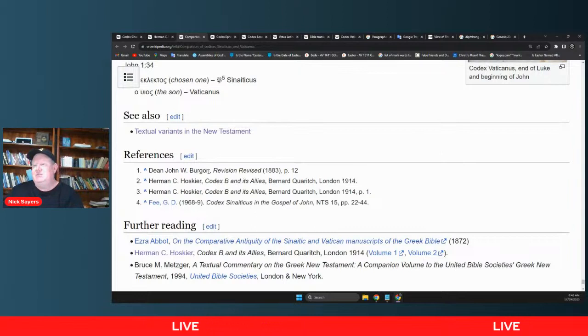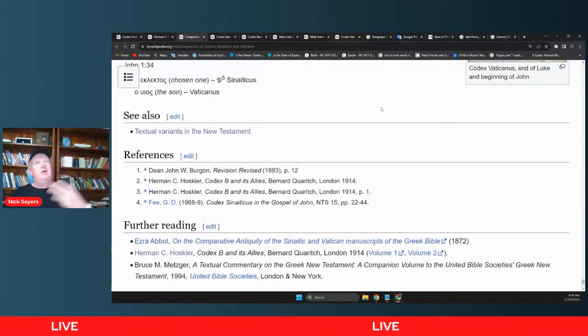Because Burgon, he was not a scholar of the capability of someone like Beza or Stephanus or the King James translators. Now, he was good enough to point out the problems in Westcott and Hort, but it's a bit like, imagine if you had someone, I'm using this as an example, so I'm not saying he is a Seventh-day Adventist, but it's like having a Seventh-day Adventist do a creation seminar. They can say some good stuff, but they're Seventh-day Adventists, you know what I mean?